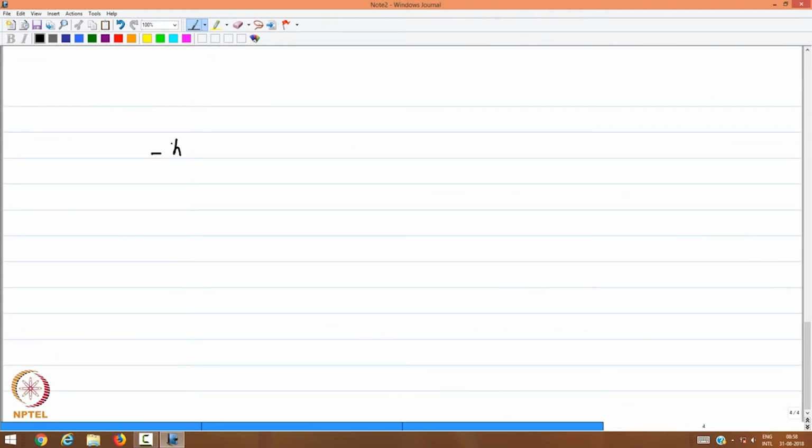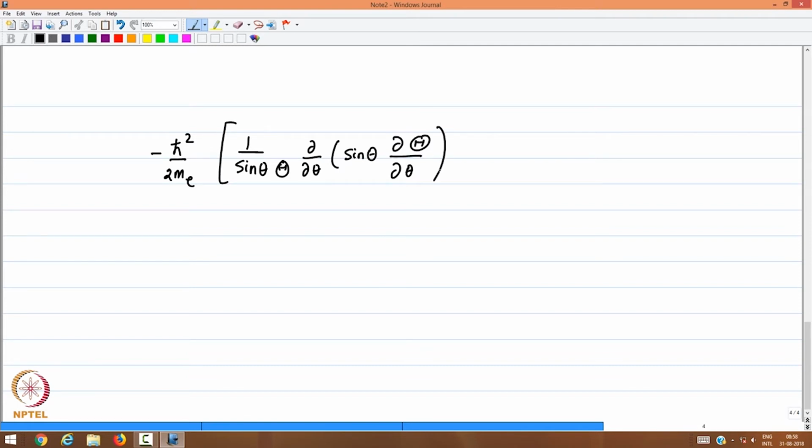So, let us collect the angular part and look at it more closely. It is minus h bar squared by 2 m e, 1 by sin theta, and the capital function theta, dou by dou theta of sin theta dou capital theta by dou theta, plus 1 by phi sin squared theta dou squared by dou phi squared of the capital phi function, plus beta.